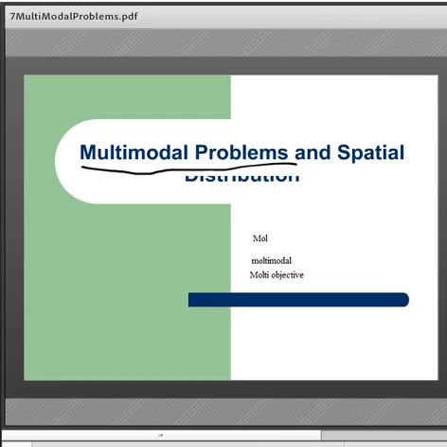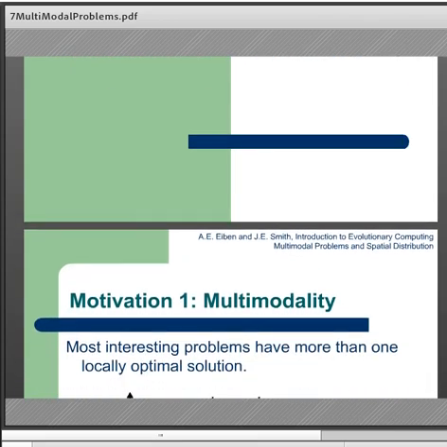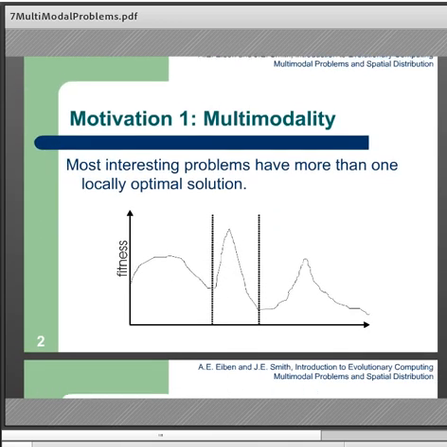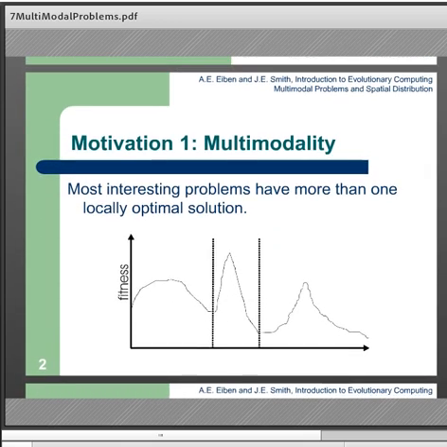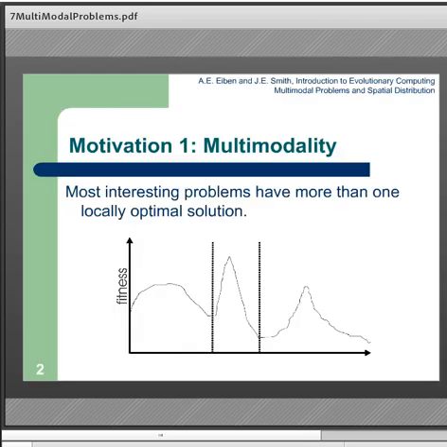Multimodal problems are problems that have more than one excellent solution, such as this function here. In this function, we want to find the maximum.